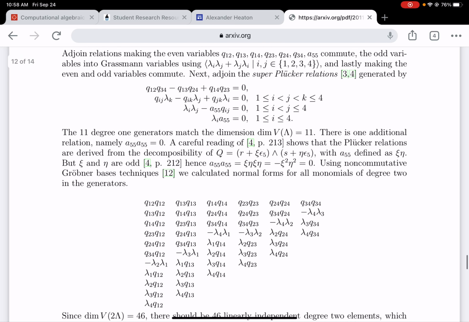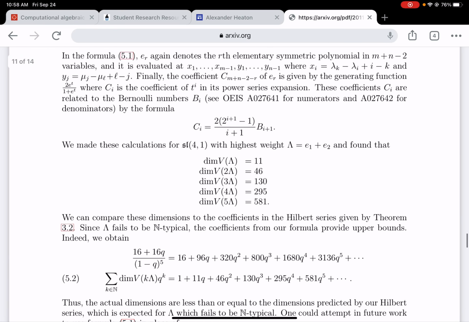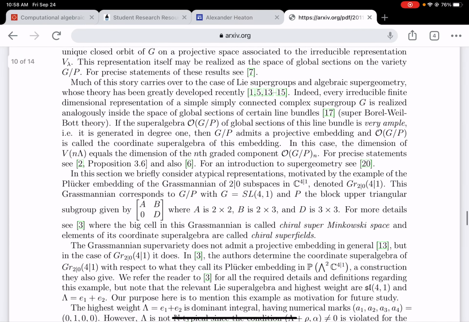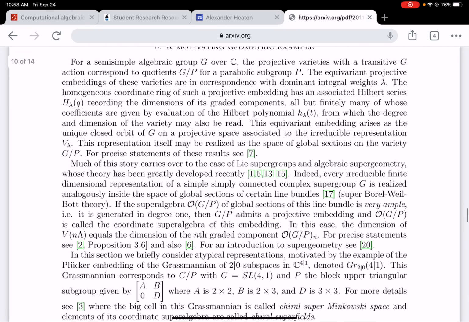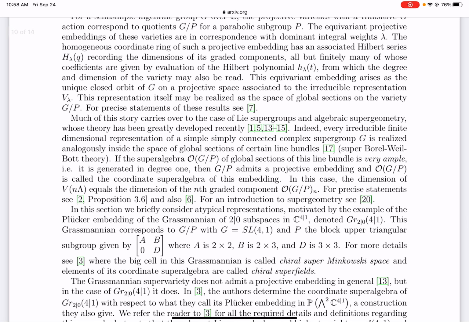So we have this object which is called the chiral super Minkowski space. Something in physics that people study, and in several papers and a textbook there were formulas for the coordinate algebra.